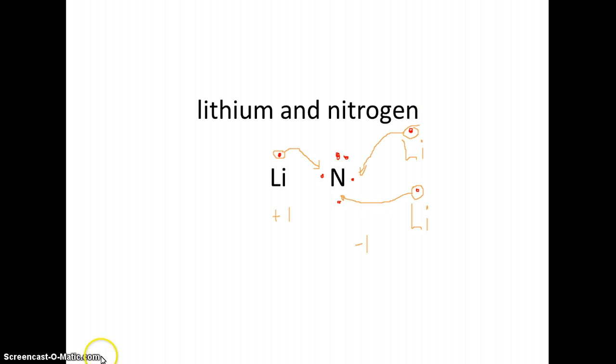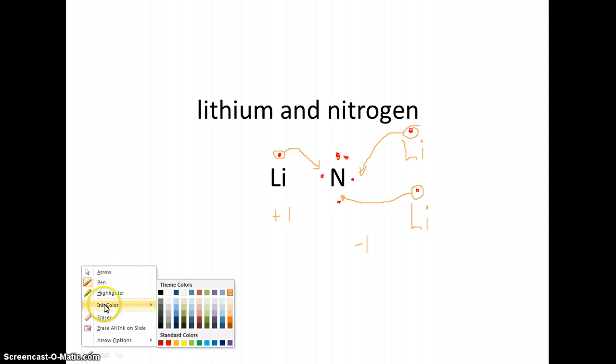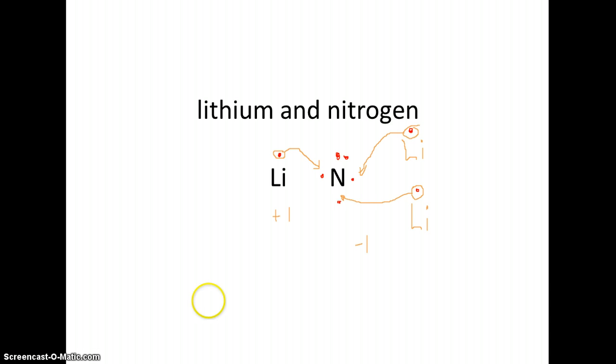So how would you write this as a chemical formula? Remember, the chemical formula tells you how many atoms you have of each type. To start off with, we know we have lithium, so that's one type of element we have. And we know we have nitrogen. Now we need to do a count. How many lithiums do we have? We have 1, 2, and 3.